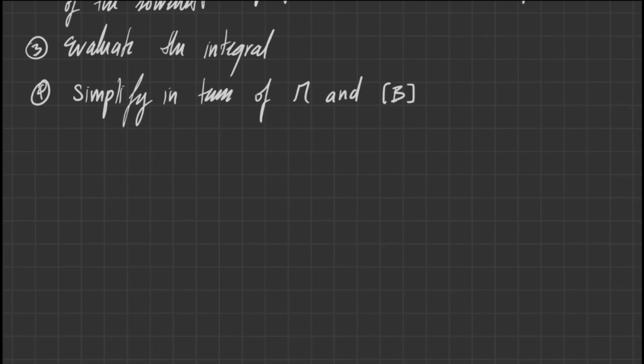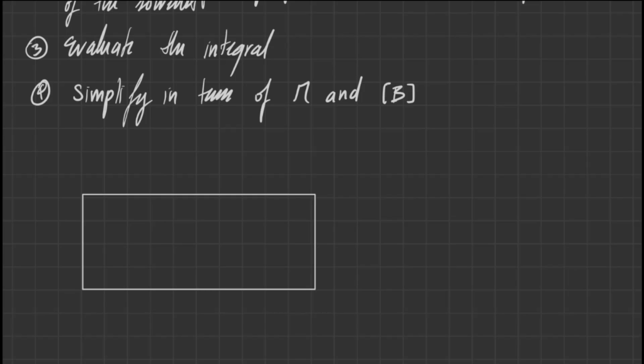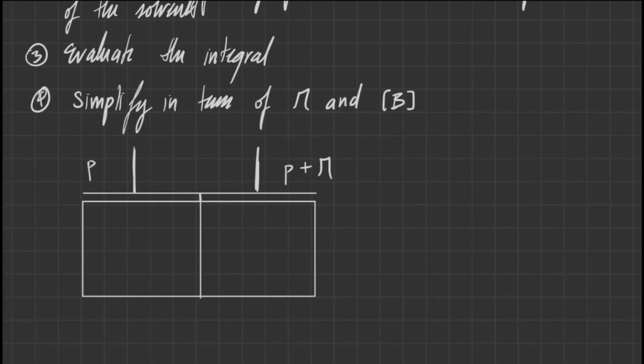So essentially the setup is something like this, where you have a container and you have 2 compartments, and let's suppose you also have some sort of piston on both sides, with this piston applying a pressure P, and this piston on the right applying a pressure P plus capital Pi, or the osmotic pressure.